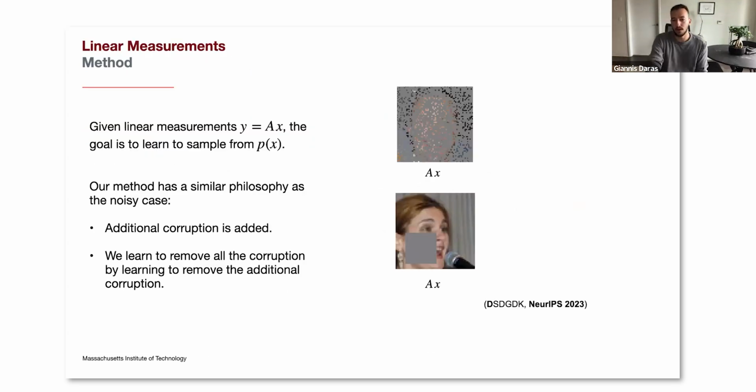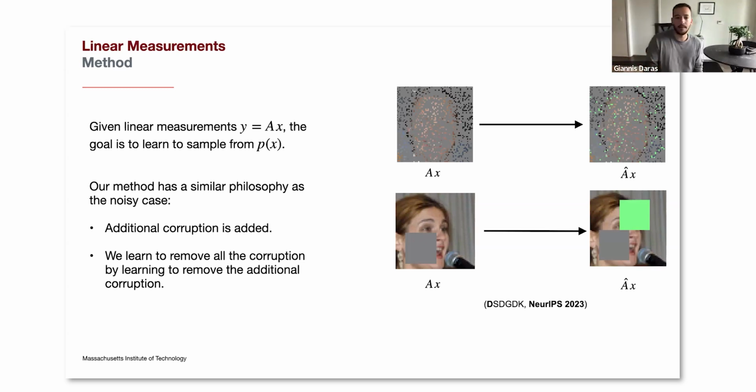What I briefly want to go over is that these things generalize to other types of measurements. So far, I only talked about additive Gaussian noise, where we have an image that has noise and then we add more noise. You can also do this with linear measurements. Maybe you have an image where 95% of the pixels are missing. You can make it 96% missing, but hide from the network which pixels were missing from the beginning and which you masked on top.